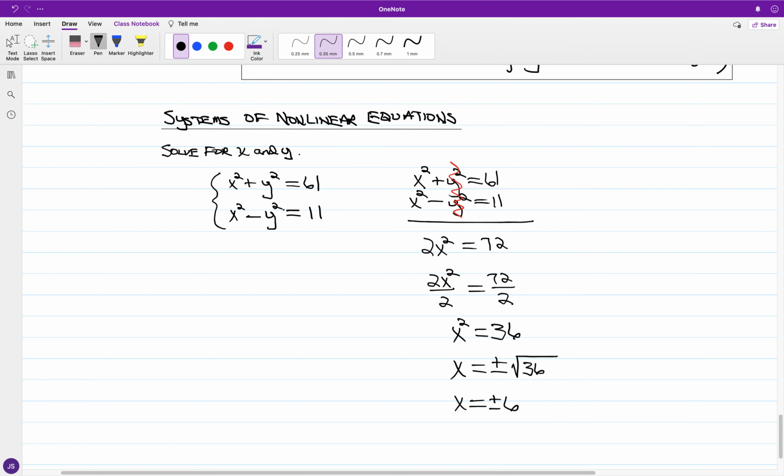And in terms of solving for y, notice that both of these equations are in square terms. So what I'll do here, I can take either the first or the second equation, and I'll go with the first one.